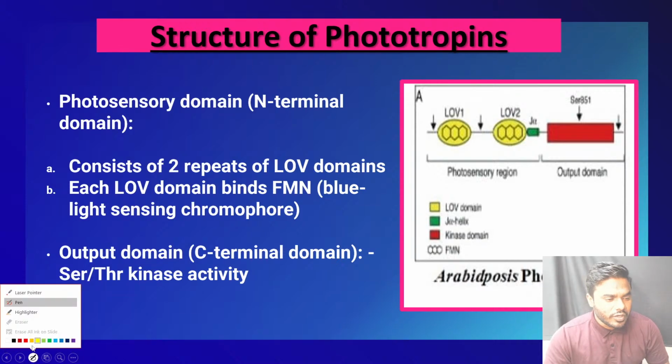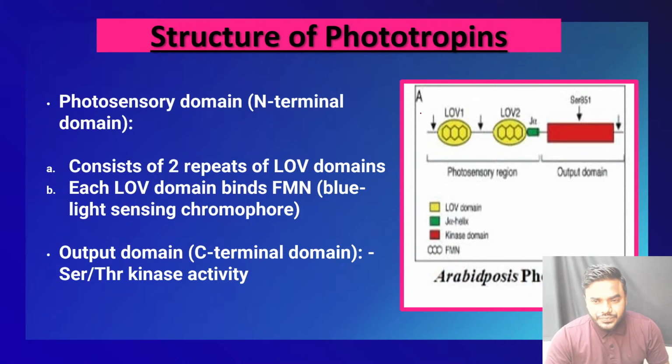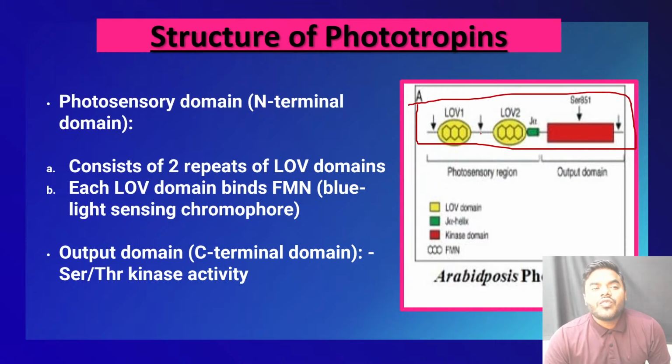Every student look into the picture carefully, friends. This is the structure of phototropins. Phototropin contains an N-terminal domain and a C-terminal domain. You can all see this. All the students listen to me.